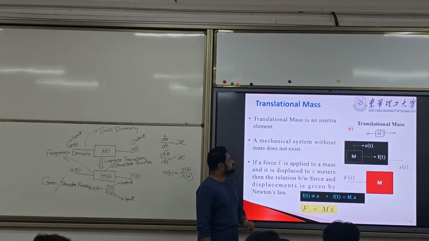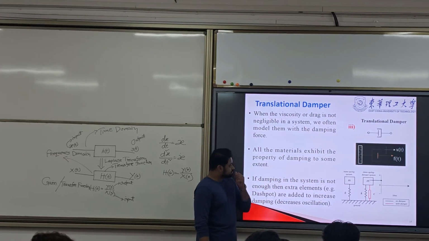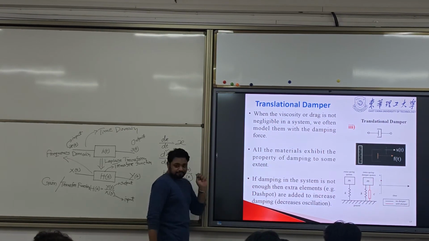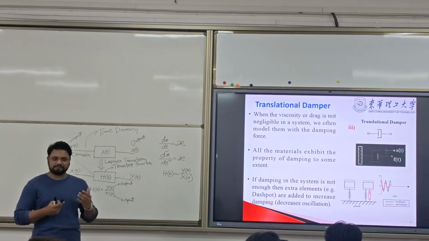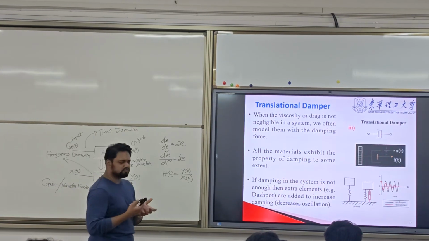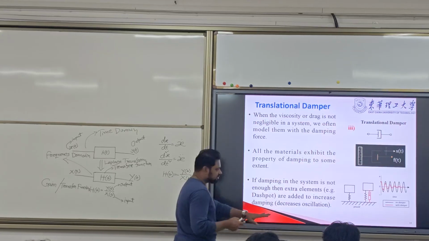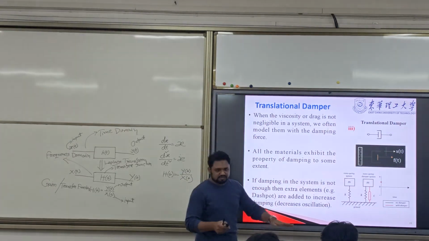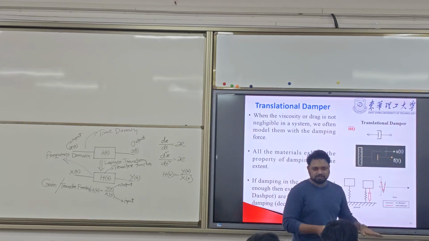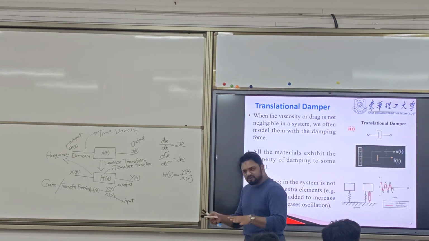Now, we will talk about this. If we consider damping or viscosity or friction, we always need to consider it, because on a plane, when I am walking, there will be friction. Everywhere there is friction.